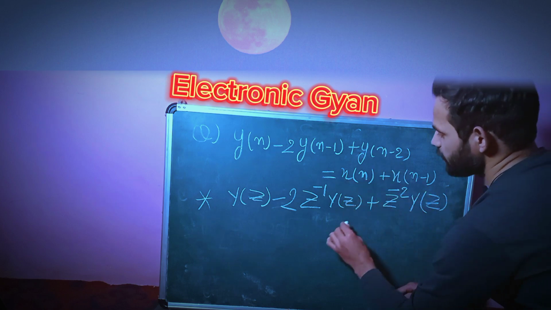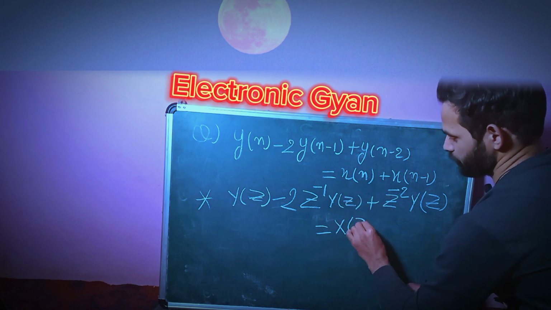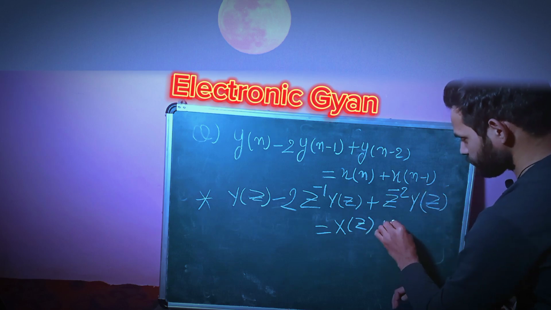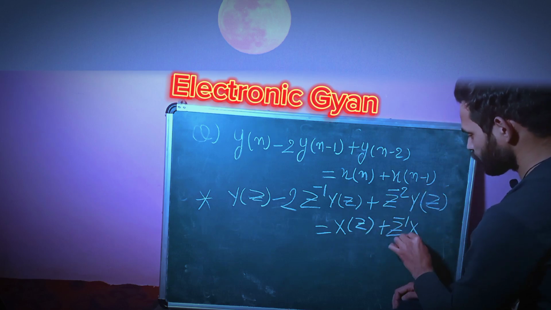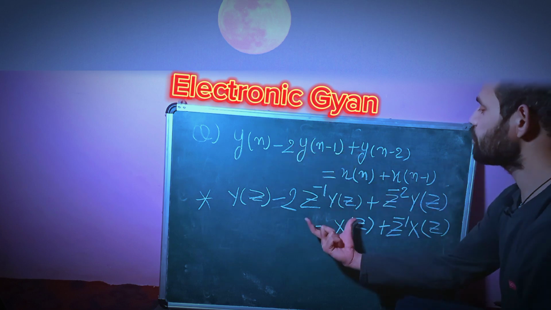Similarly, the Z transform of x of n is x of z, and the Z transform of x of n minus 1 is z minus 1 x of z. Okay, so this is the Z transform for this difference equation.